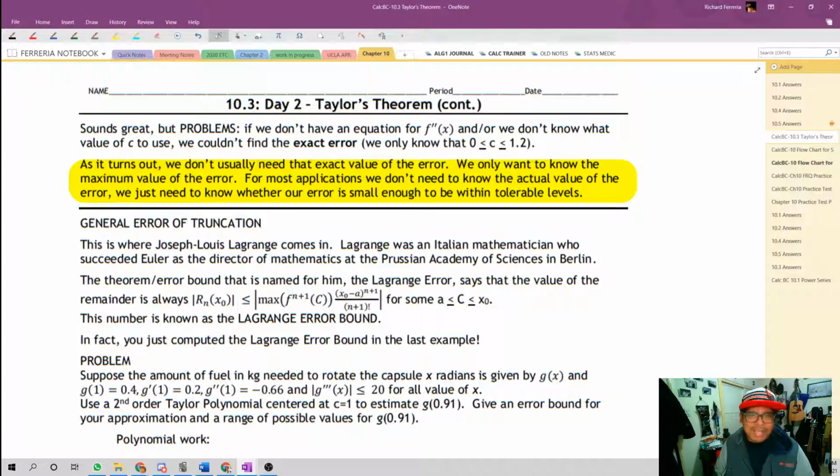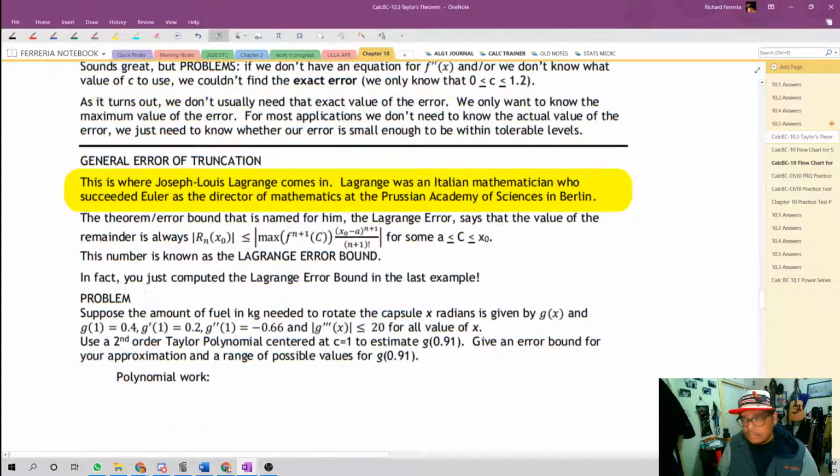And I know that that's kind of weird for people. So we're going to look at 2 different kinds of errors. The first one we're going to look at is the general error of truncation. This is a mathematician we're going to look at, Joseph Louis Lagrange. Lagrange was an Italian mathematician with a very French name.